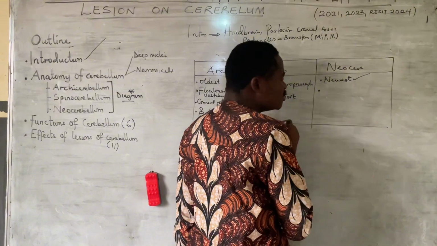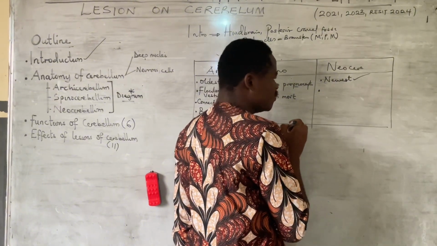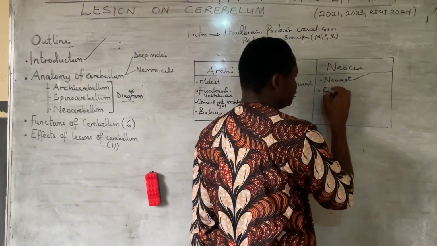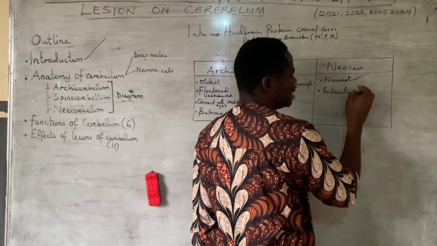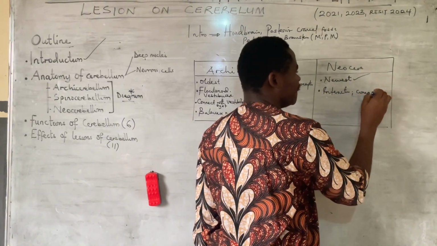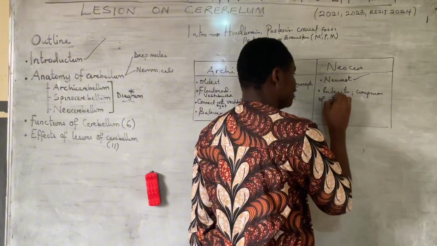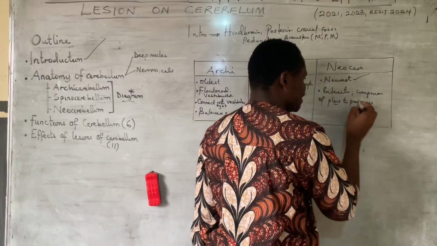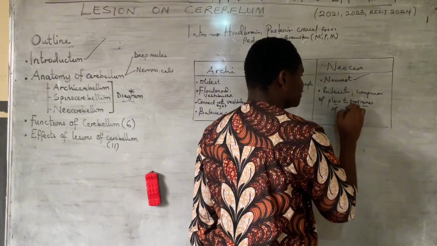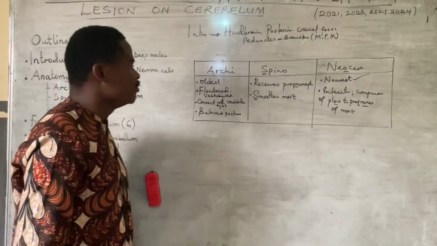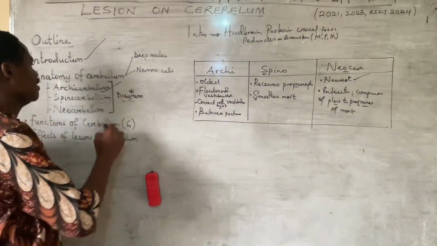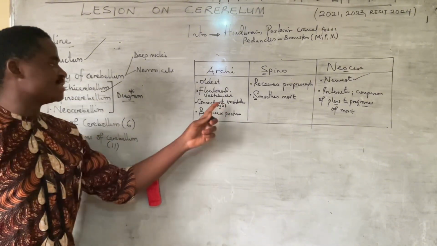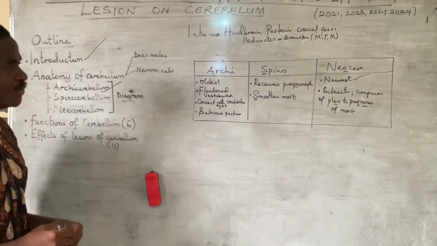The neocerebellum also has been helpful in interaction and comparison of plans of movement to programs of movement. So I have a plan to move, and then I compare plans to programs of movement. I consider that as a function of the neocerebellum. So I've been able to tell you, the archicerebellum, also called flocculonodular or vestibulocerebellar, is the oldest, connects with the vestibular system, and has a function for balance and posture.